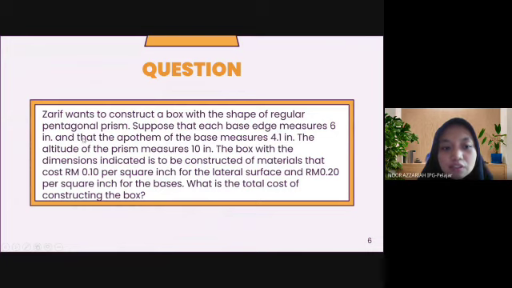The altitude of the prism measures 10 inches. The box with the dimensions indicated is to be constructed of materials that cost 10 cents per square inch for the lateral surface and 20 cents per square inch for the bases. What is the total cost of constructing the box?